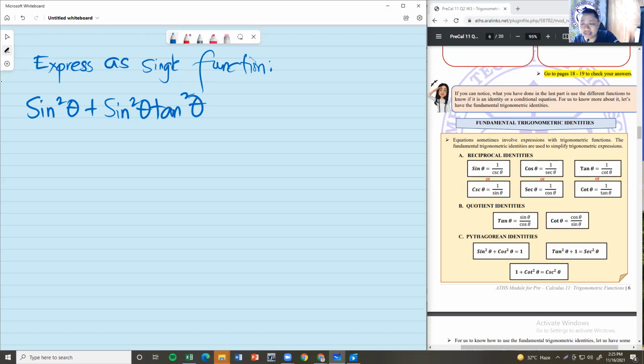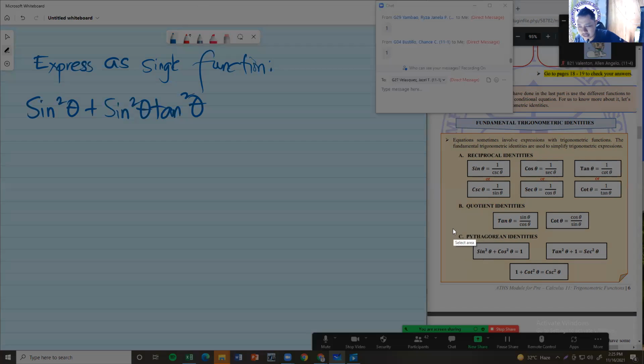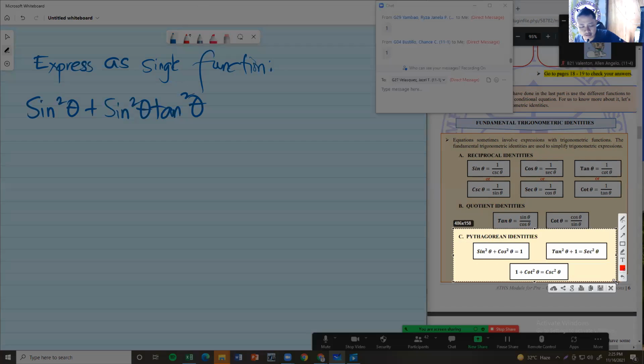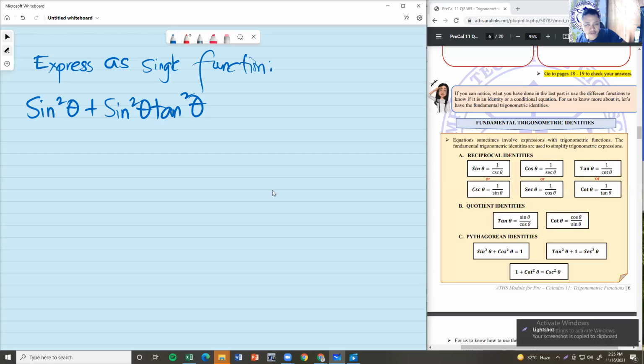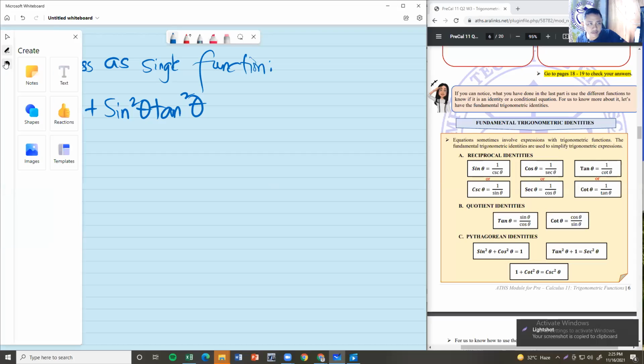Now, looking at the three different Pythagorean identities in your worksheet, in your SLM, which of this do you think can we apply given our trigonometric expression? Alin dyan ang pwede nating gamitin? The first, the second, or the third?